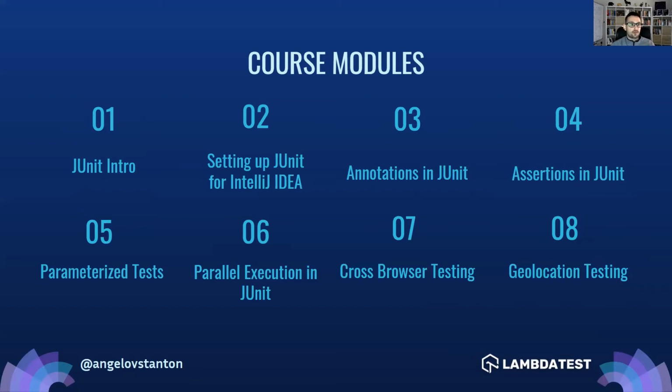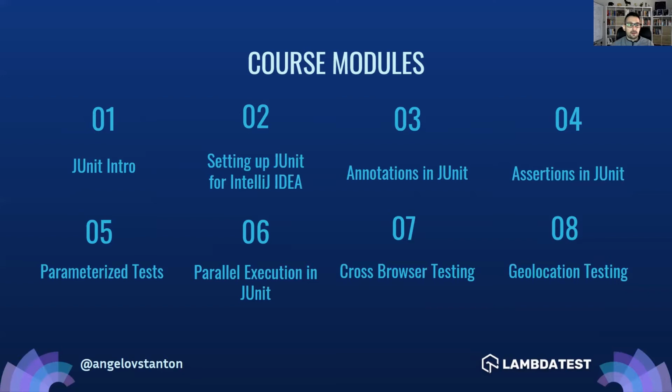In the third video, we talked about many annotations, part of the JUnit framework. Later, we talked about the assertions, data-driven tests with many examples. It's a really huge topic. Then I showed you how you can run your tests in parallel, thread safe.